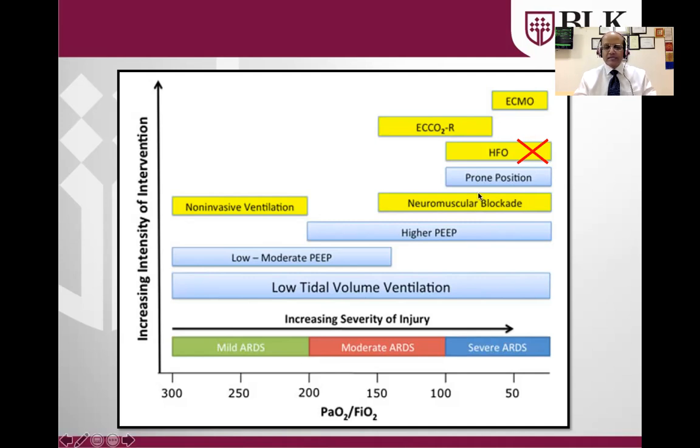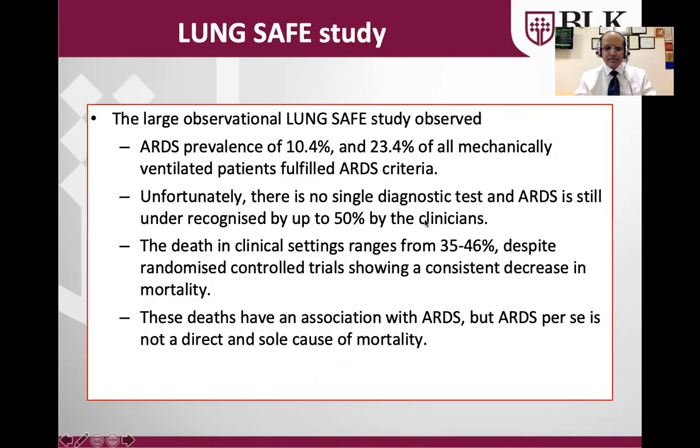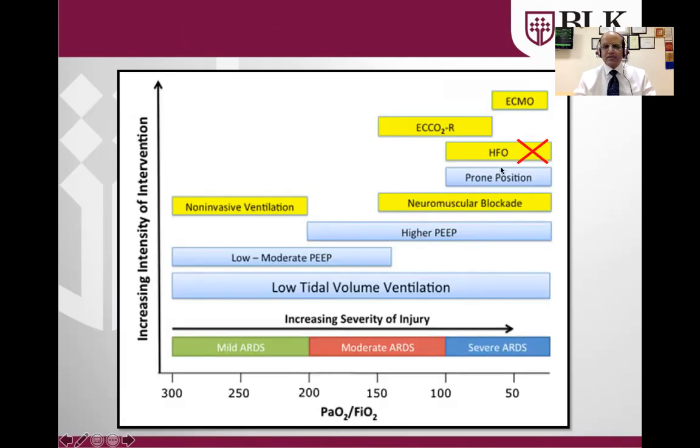And of course, if nothing is helping and our oxygenation targets are not being met, then we would prone them and go for prone ventilation. And lastly, if nothing is helping, then as a rescue measure, we'll use ECMO.